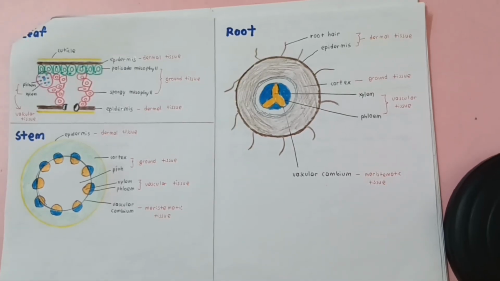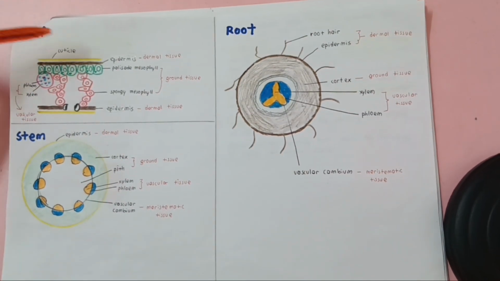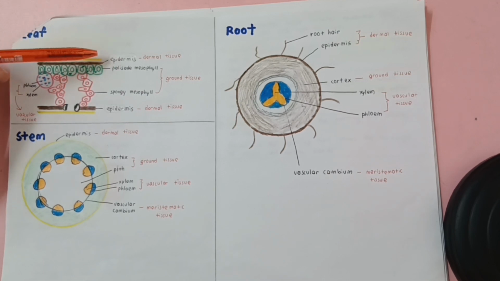So this picture will show you what kind of plant tissue you will find in the cross section view of a leaf, or a cross section view of a stem, or a cross section view of a root. First, the uppermost layer is the cuticle, and then the second layer is the epidermis in the leaf.